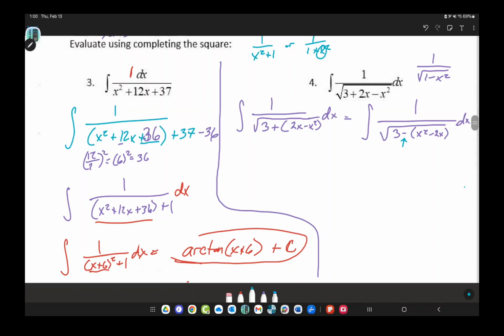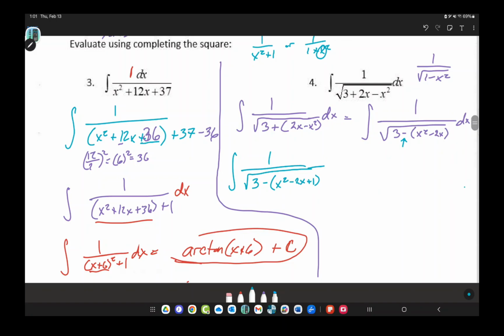What's going to complete the square? One. All right. So x squared minus 2x plus 1. Now, if I add 1 inside, and you have to be careful here, what do I have to do outside? Reason being, if I'm adding 1 inside, what's in front of that parentheses?